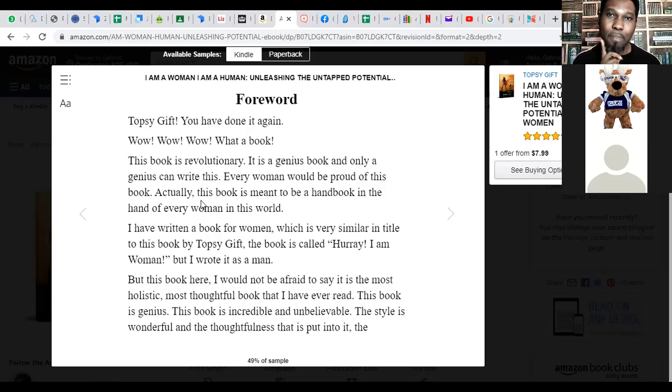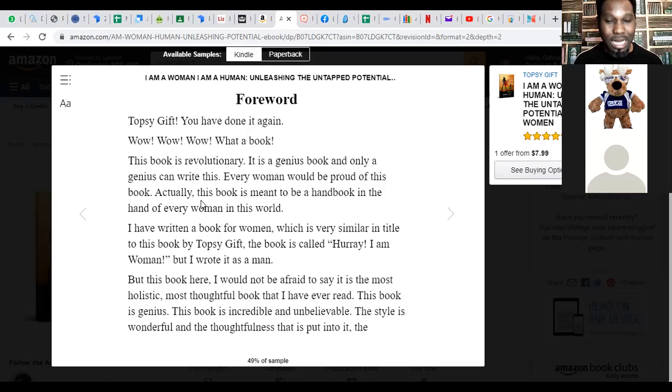So imagine, for example, if Barack Obama wrote a foreword for your book. When people go on Amazon and they see a book with a foreword by Barack Obama, they want to buy it because Barack Obama was a former US president. He's popular, he's loved by a lot of people.